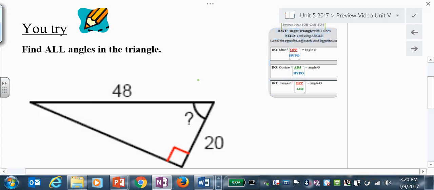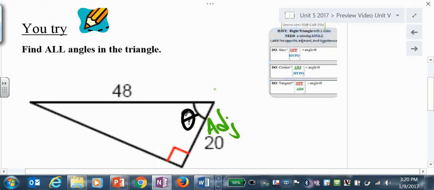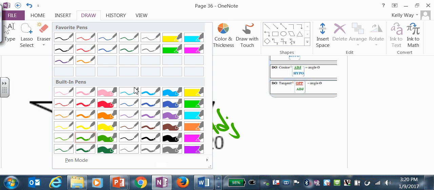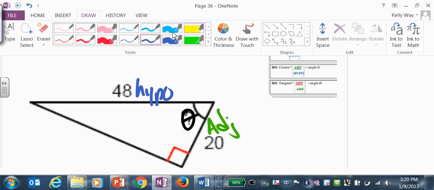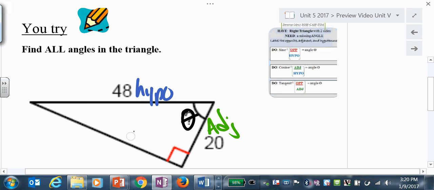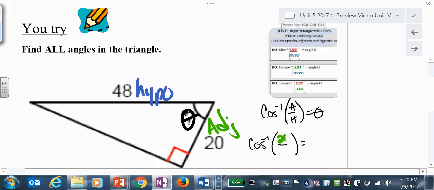From this angle theta, the 20 is the adjacent, and the 48 is the hypo. So I have an AH combo. I'm going to use cosine. Inverse cosine. My A is 20.